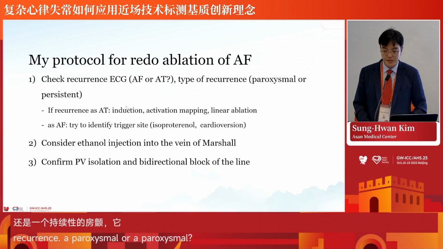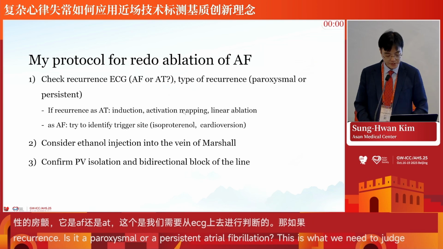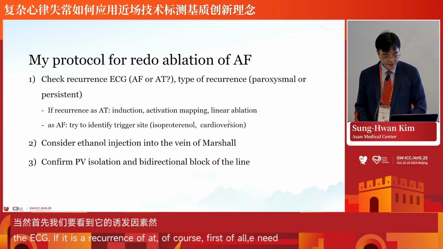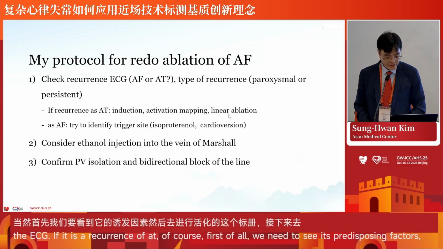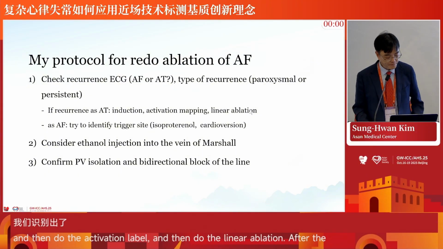If the recurrence is atrial tachycardia, we need to map first, with an activation map or entrainment, and give a premature atrial contraction. After we have identified the mechanism of the atrial tachycardia, we can try to ablate there.